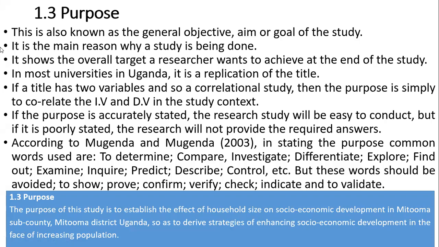If a purpose is very easy, some people call it the general problem or the general aim. For us, we call it the main reason why a study is done, or the overall target the researcher wants to achieve. I call it the overall target.